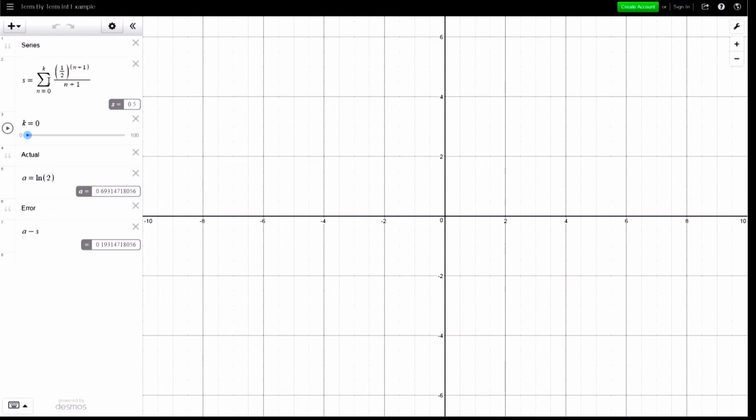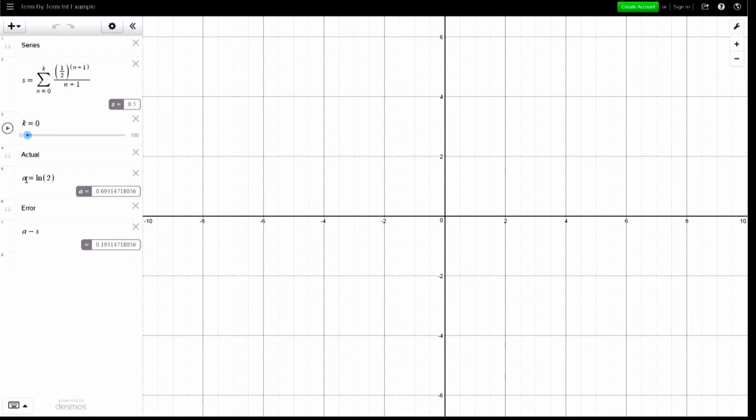Now, it's a partial sum. So this is our series, right? It's x to the n plus 1 over n plus 1, but I've plugged in a half. And I'm summing from 0 up to k. And I've put a slider in for k. So right now we're adding from 0 to 0, so just the very first term, 1/2.